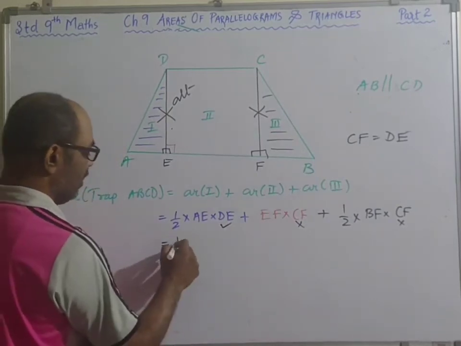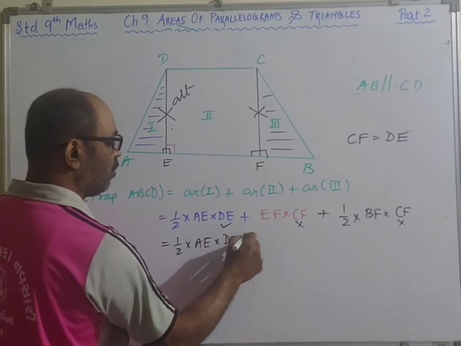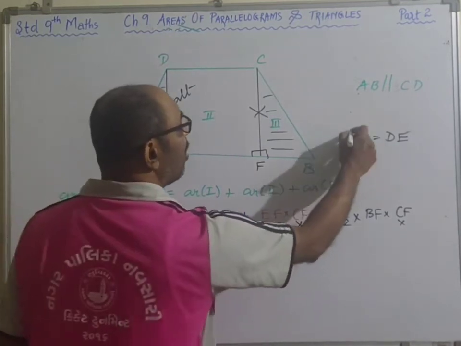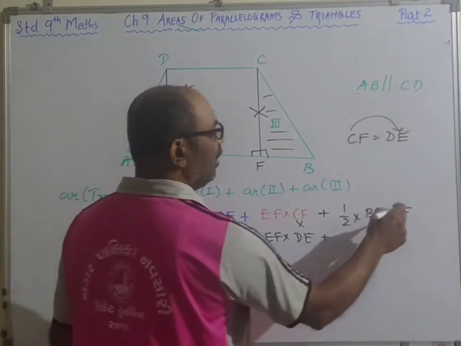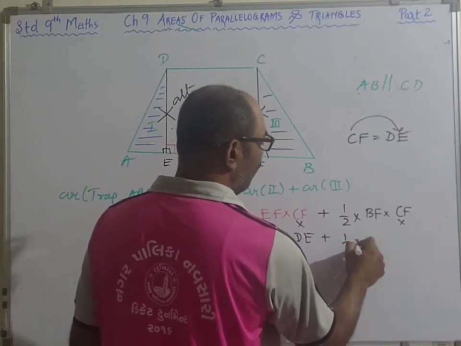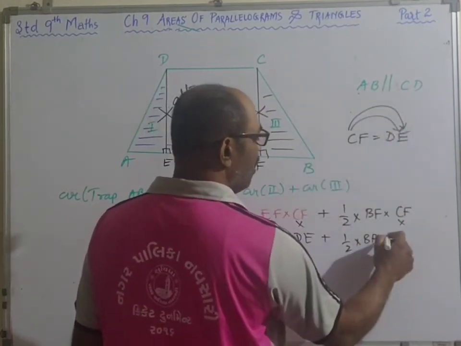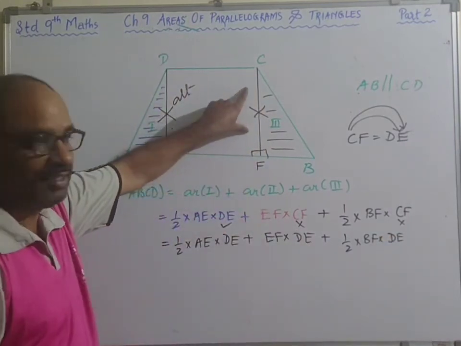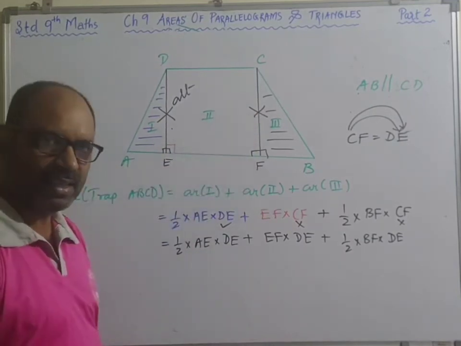Alright? So that is half into AE into DE, plus EF into, instead of CF, I am going to write DE, plus half into BF into, once again instead of CF, I am going to write DE. If you want to keep CF as altitude, तो आप जहां DE हो वहां CF लिख सकते हो.